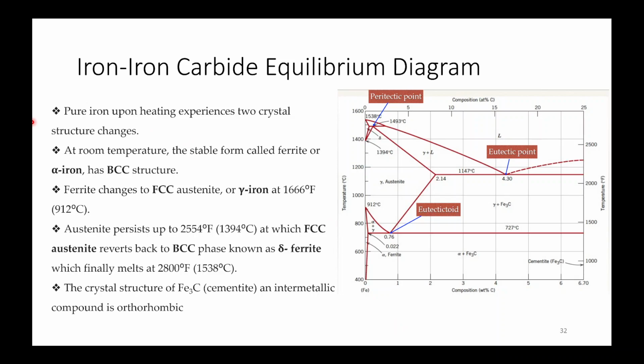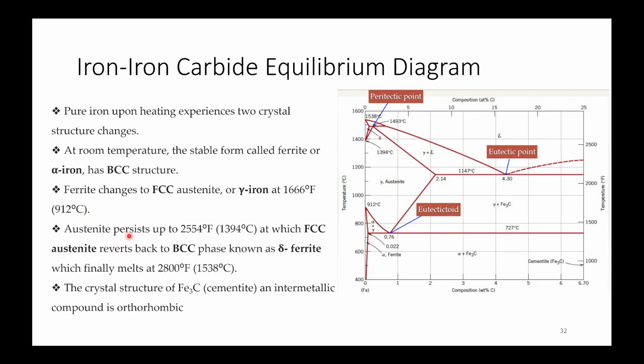Now pure iron upon heating experiences two crystal structure changes. So at room temperature, the stable form called ferrite or alpha iron has a BCC structure, and ferrite changes to FCC austenite or gamma iron at 912 degrees Celsius.